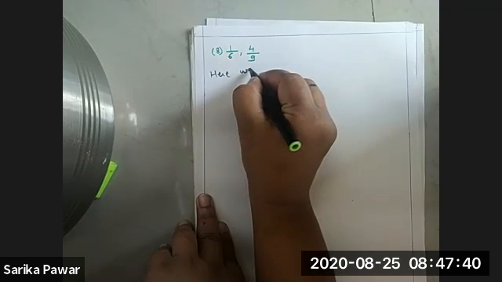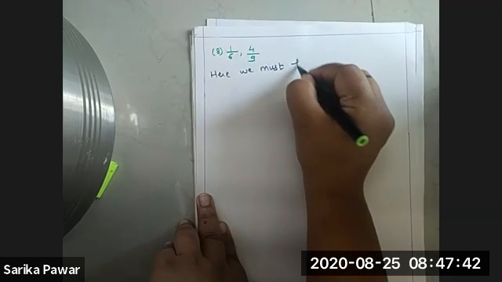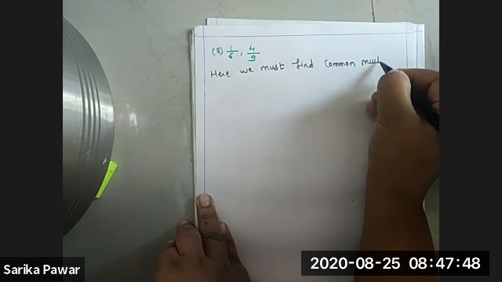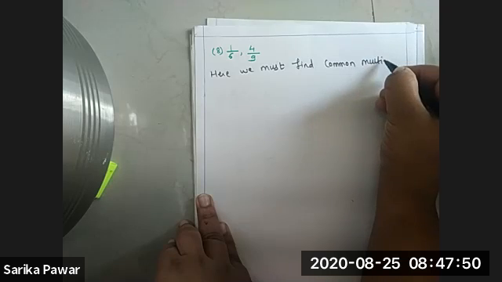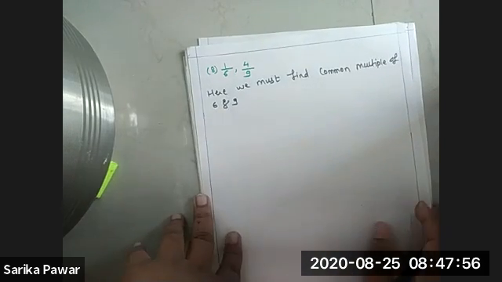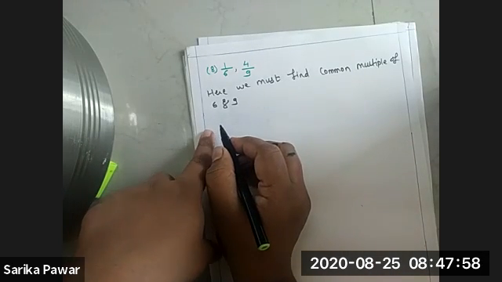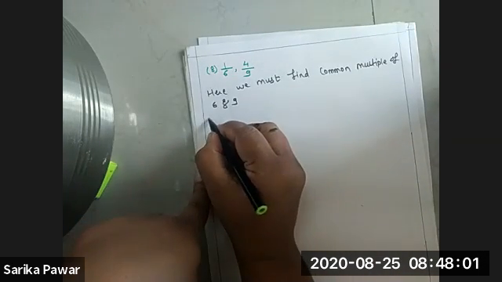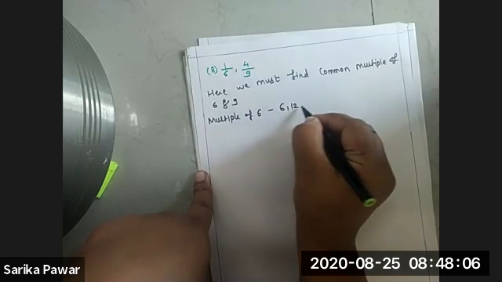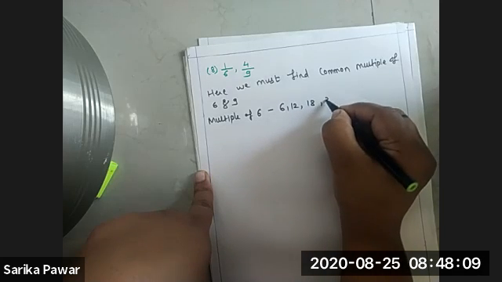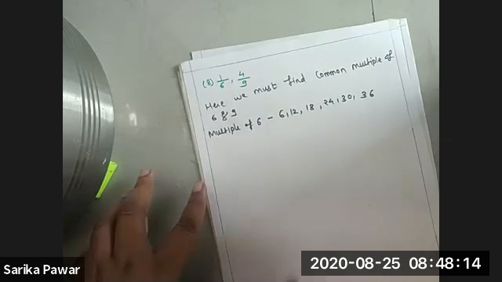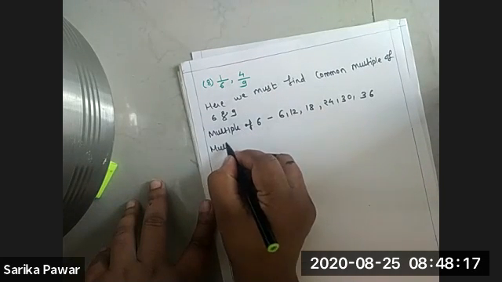Here, we must find a common multiple of 6 and 9, right? So write the multiples of 6. You have to write the table of 6 here. And the same way, you have to write the multiples of 9.